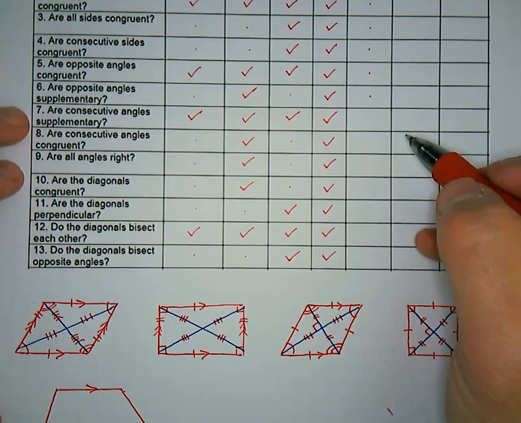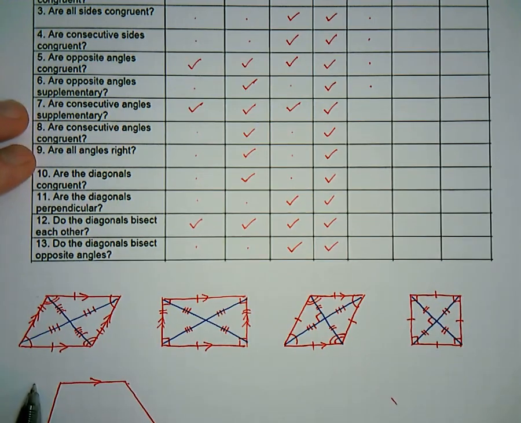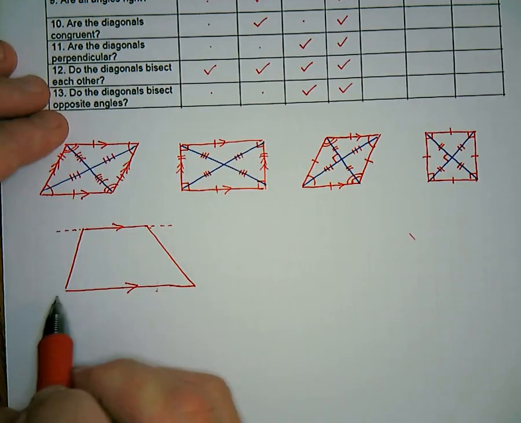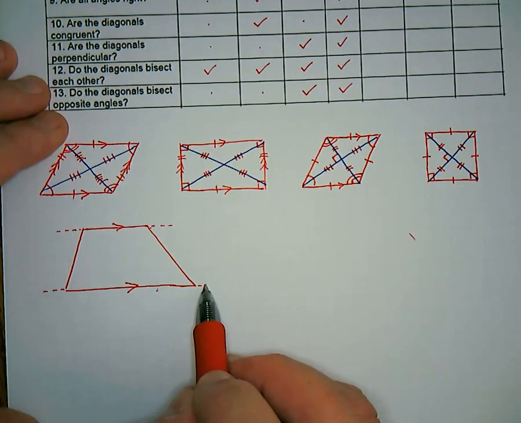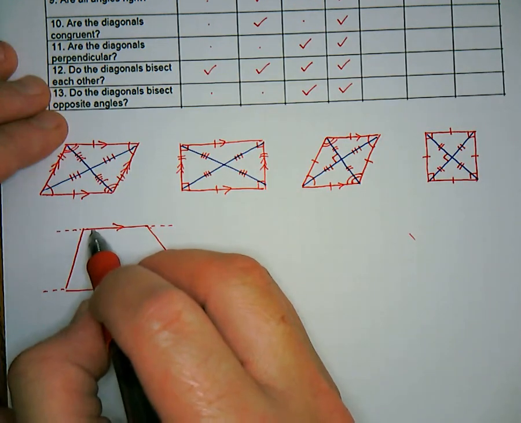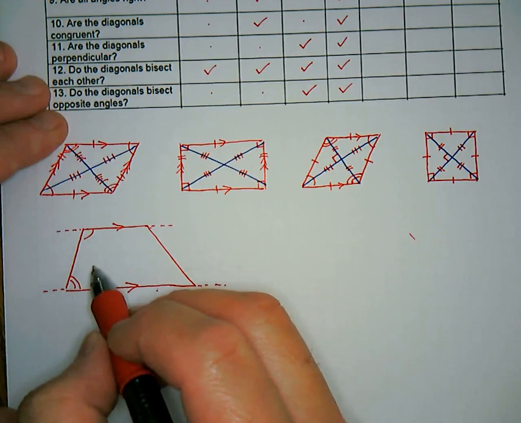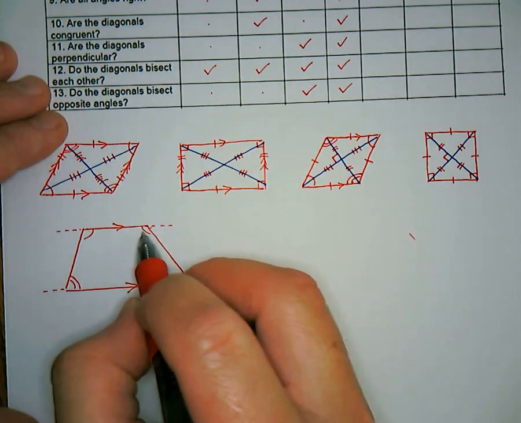Are consecutive angles supplementary? Okay? Well, two of them are. Because once again, if you think about it, we've got two parallel lines, right? That means you've got two transversals. So you've got same side interior angles are automatically supplementary. Okay?